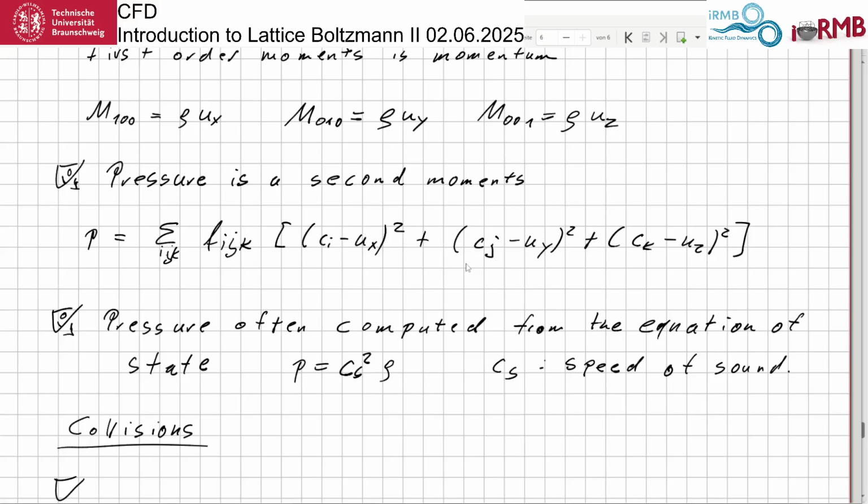If you do the mathematical analysis of the Boltzmann equation, the expansion that transitions to the Navier-Stokes equation, and then you ask yourself how you can match the things that appear in this equation and in that equation, then you will find that this here appears in place of the pressure.